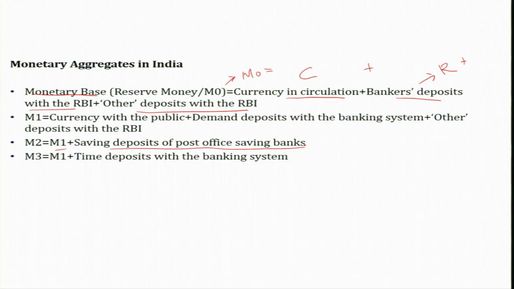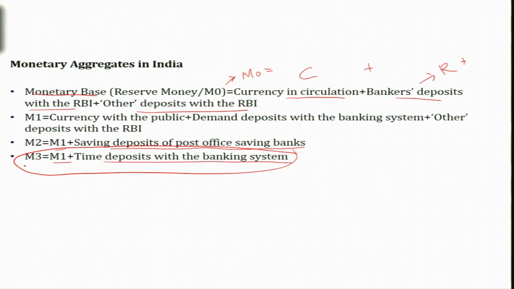Then M3, the broad money supply definition in India that we currently follow. This is M1 plus time deposits with the banking system. In India, when we talk about monetary aggregates, we mostly focus on this M3 money supply definition.